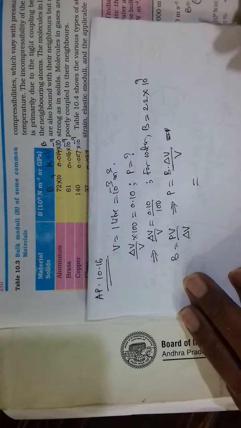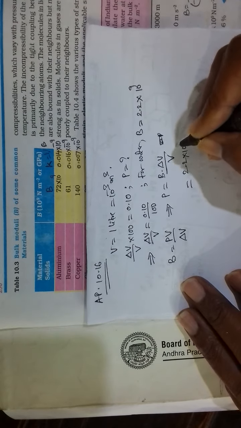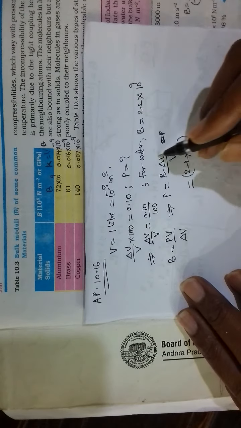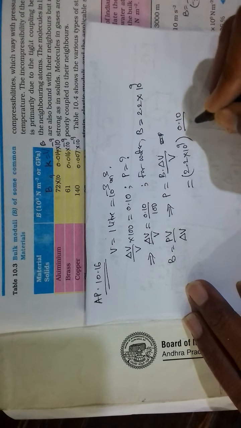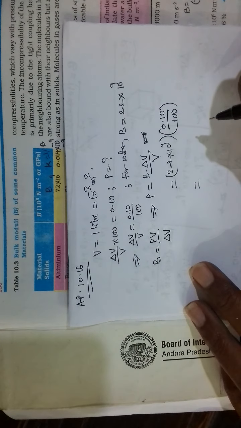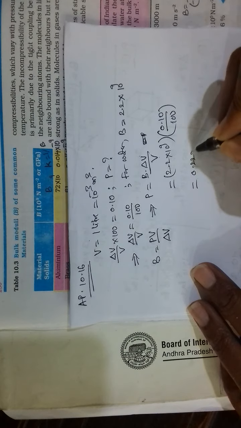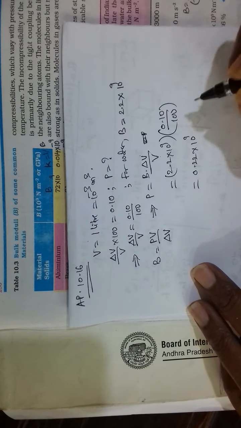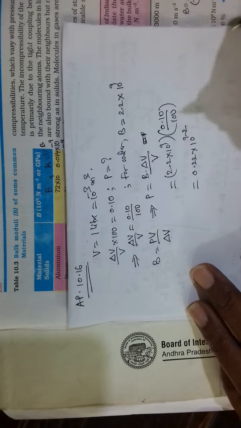Now let us substitute 2.2 into 10 power 9, delta V by V, that is 0.10 by 100. So that is equal to, see here this becomes 0.22 into 10 power 9, this taken up to the numerator, minus 2.